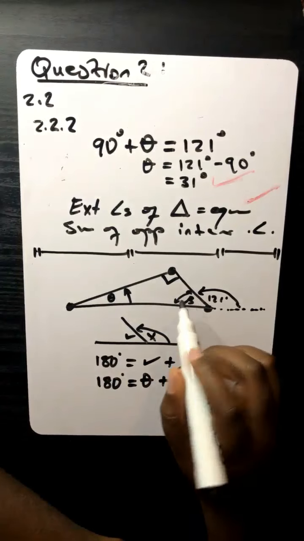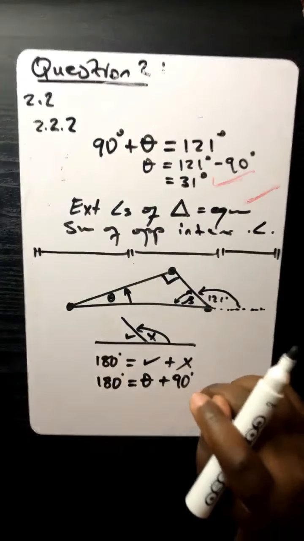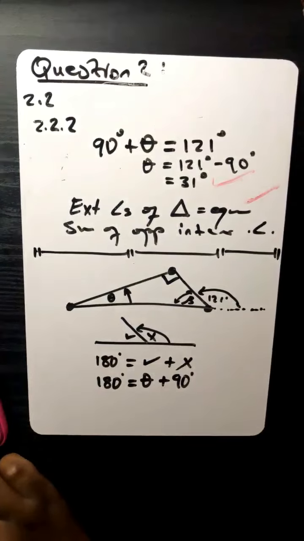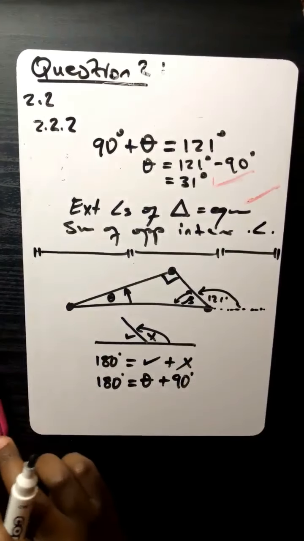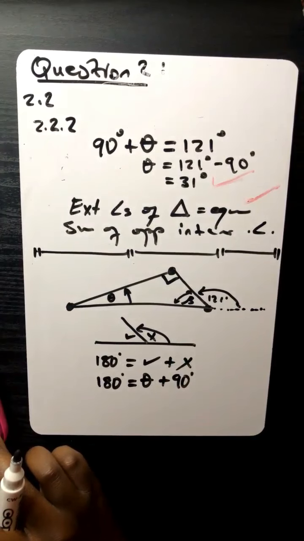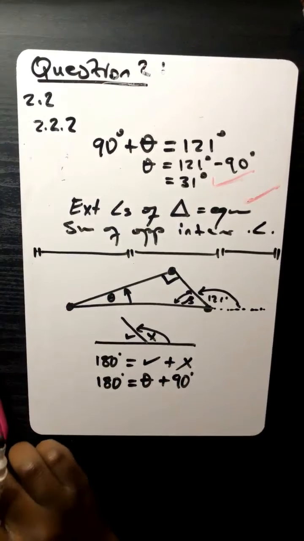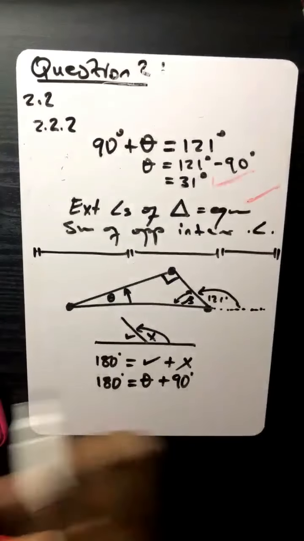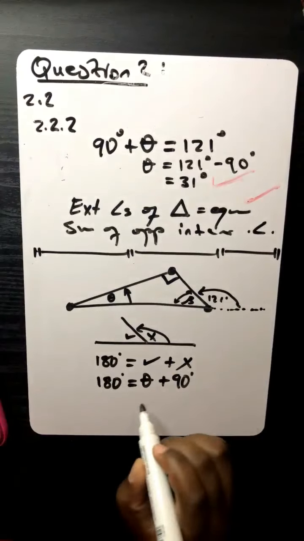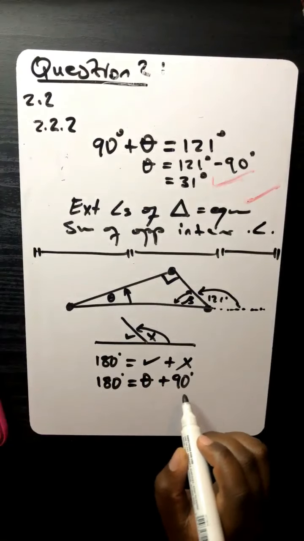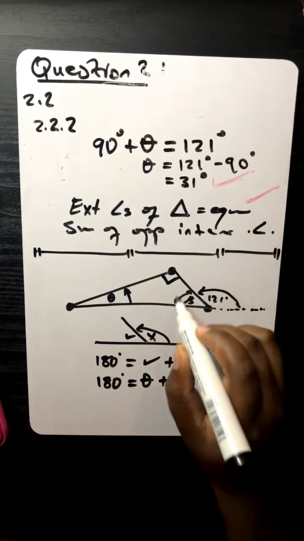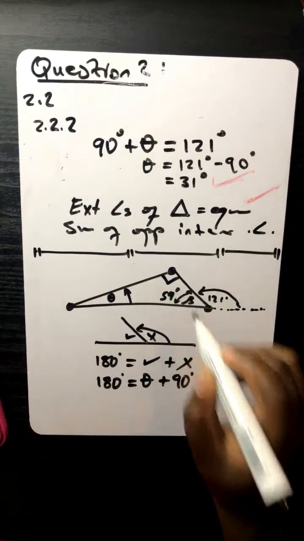So what is that angle, guys? Let me quickly check so that we put it in the form of a value: 180 minus 121, which is 59. So that angle there is 59 degrees.